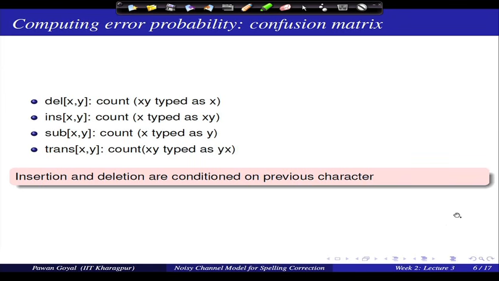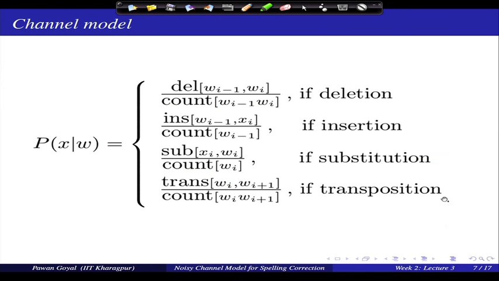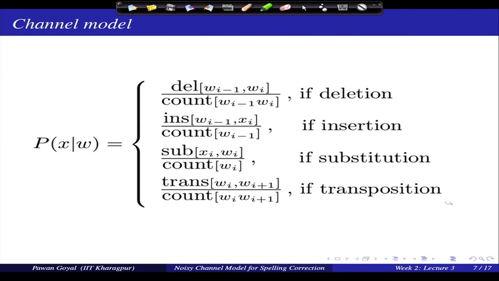So you are seeing here insertion and deletion are conditioned on the previous character. That's how I find out the probability of x given w. x is my incorrect word and w is my possible candidate for correction. So remember how we found out deletion?